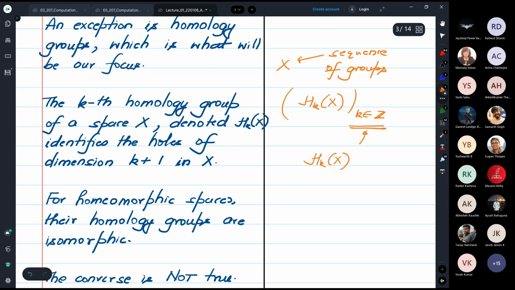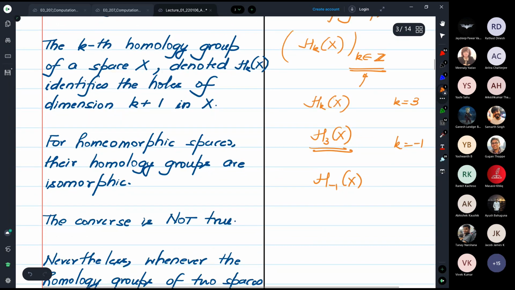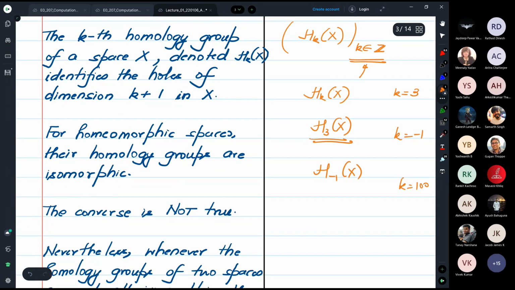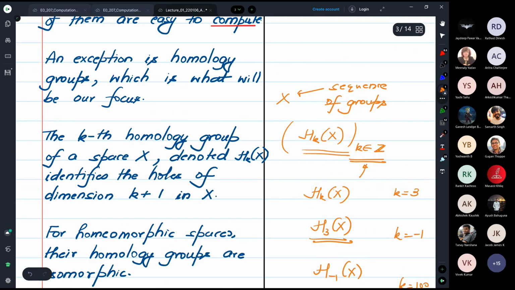If k is 3, then I will have H3 of X, a group attached to this space X. Similarly, if k equals -1, I will have H-1 of X, and if k equals 100, I have H100 of X. So I have a sequence of groups attached to this space X, and we will refer to Hk of X as the kth homology group.